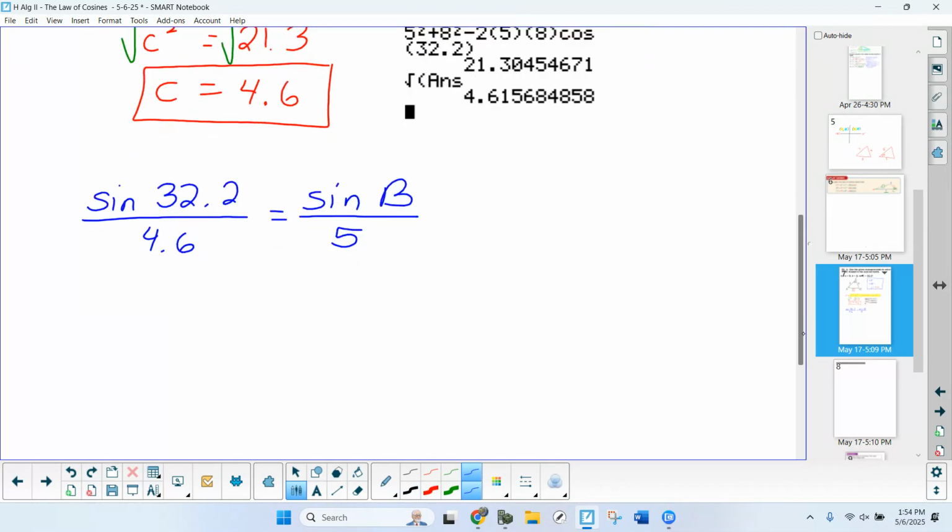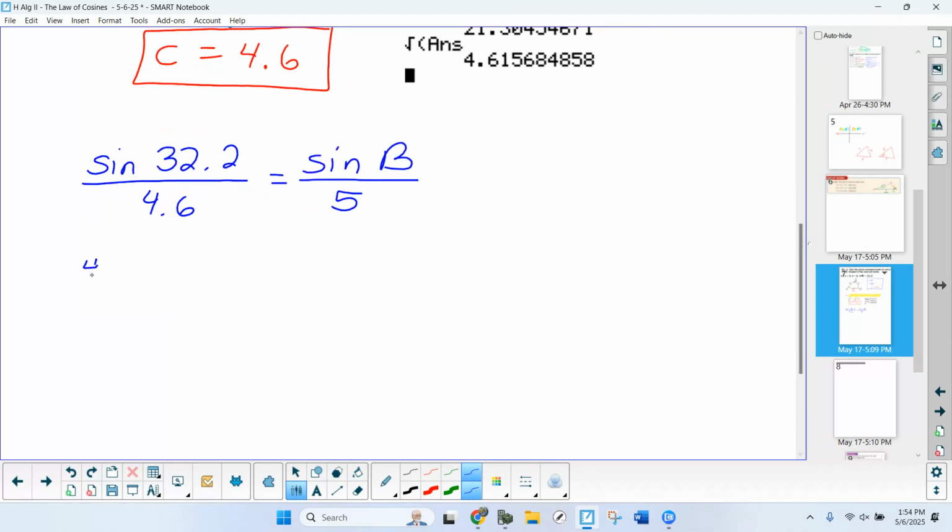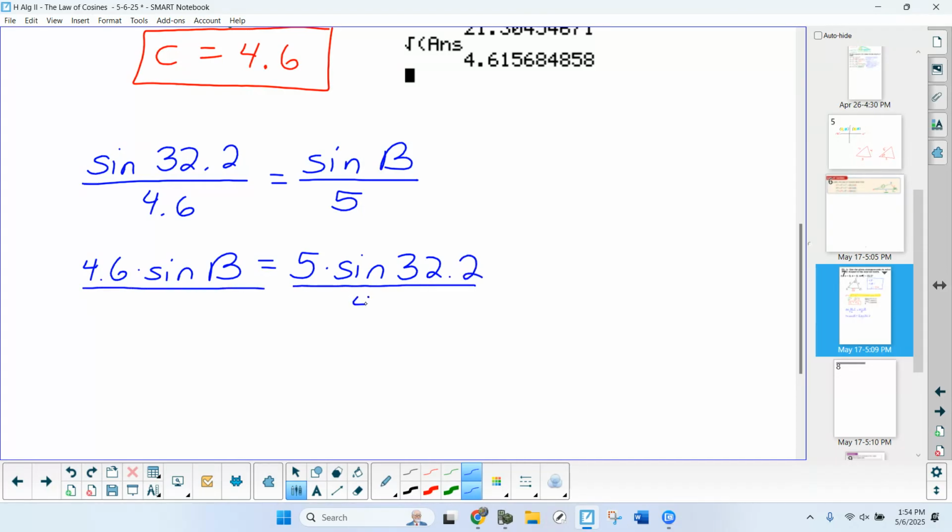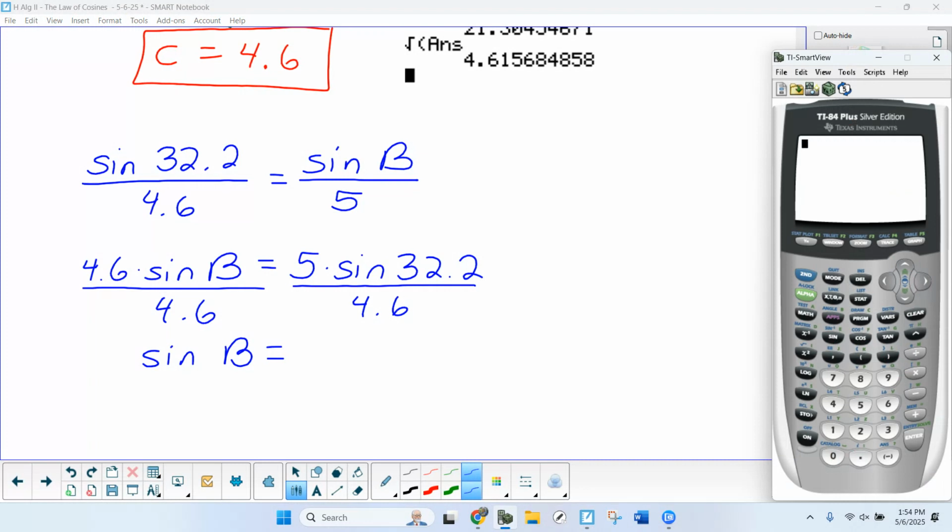Cross multiply. 4.6 times the sine of B and 5 times the sine of 32.2. Divide by 4.6. So the sine of angle B is equal to 5 times the sine of 32.2, divided by 4.6. So I got 0.579.